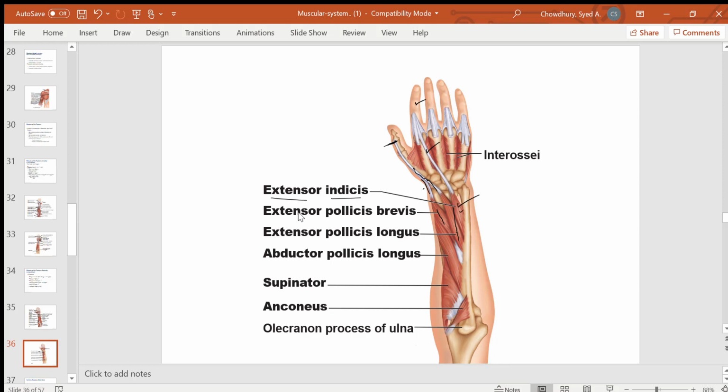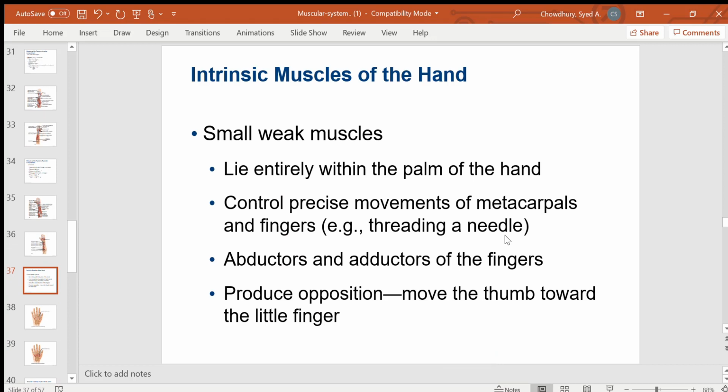And there is a muscle in the back of the upper part of the forearm called the supinator, and above that, in the back of the elbow, you have the anconeus. Anconeus I showed you before. Here you can see the supinator causes supination of your hand and forearm.